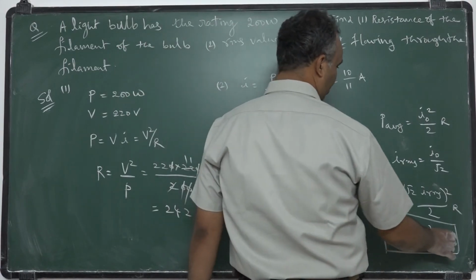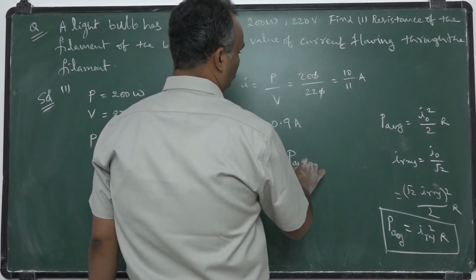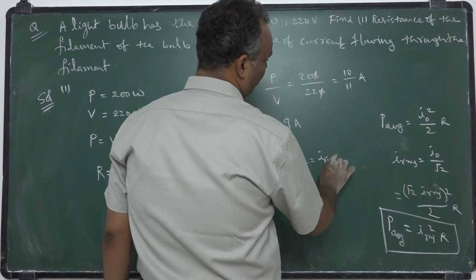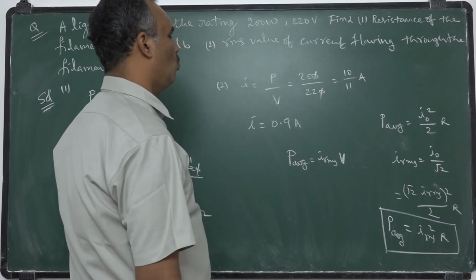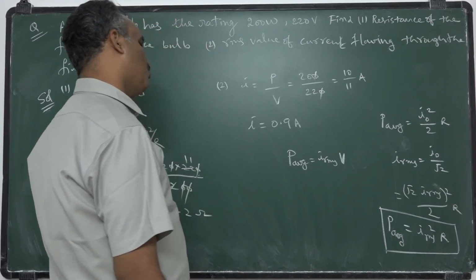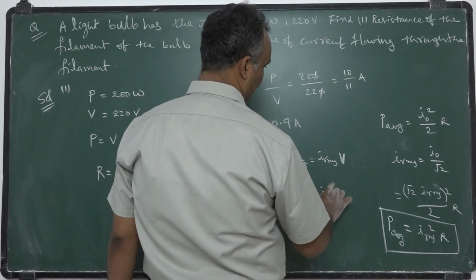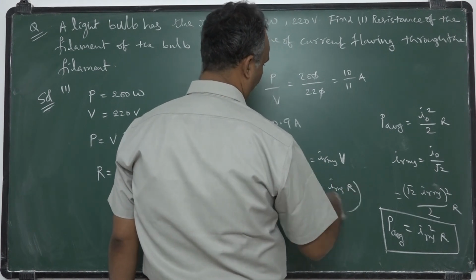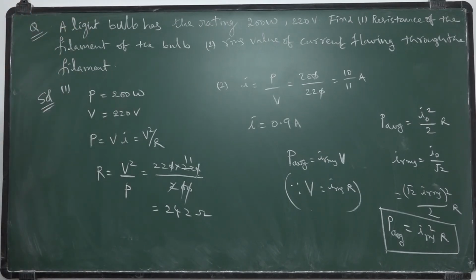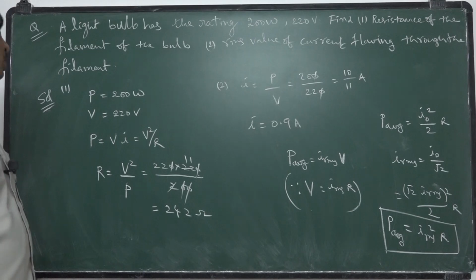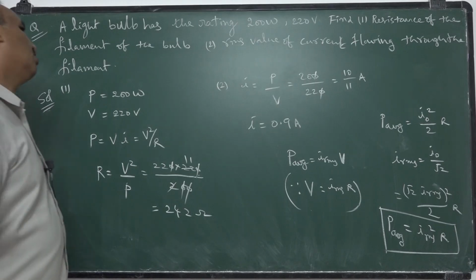If I take IRMS into R as voltage, average power is IRMS into V. So I can directly take the current value; this is nothing but the RMS value of current only.